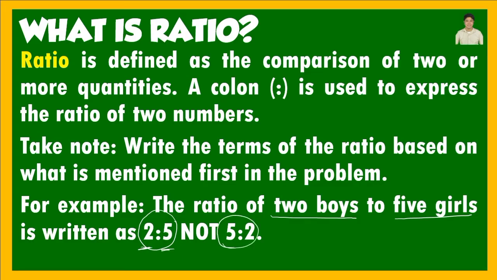If it is 5:2, it must be the ratio of 5 girls to 2 boys. So I hope we are clear on how we write the ratio.